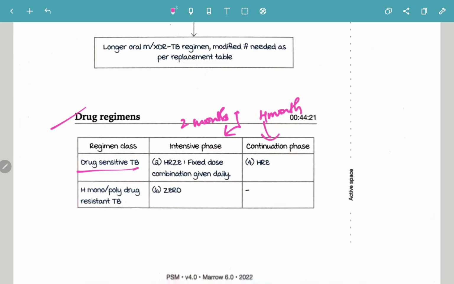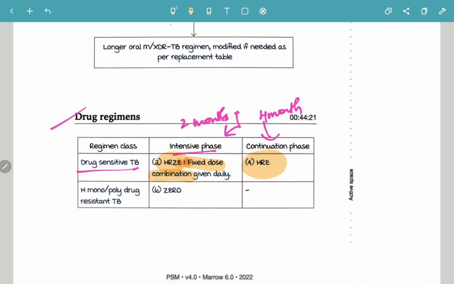In the first 2 months intensive phase, you will be giving the HRZE regimen. H stands for isoniazid, R for rifampicin, Z for pyrazinamide and E for ethambutol. This is your fixed dose combination, given daily.